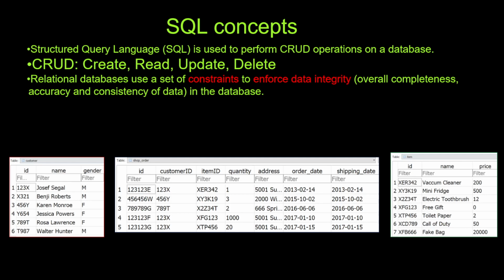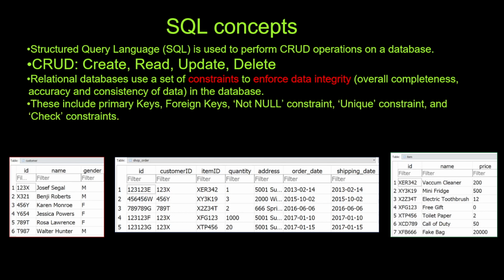This sounds a bit too extreme, but it helps you maintain the overall completeness, accuracy, and consistency of your data. These are some of the possible things we want to use as constraints. For example, we don't want certain entries to be empty. Let's say you're running a shopping website. You want the address of the user to be there. If not, you have issues later if the user buys something and you can't deliver it.